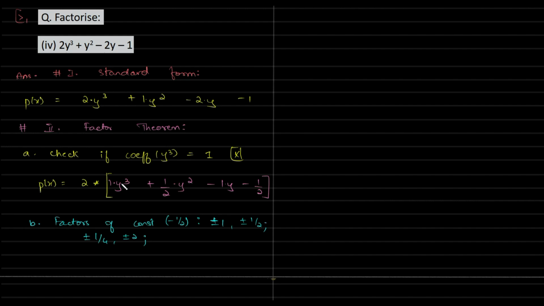So if I take y to be 1, you can clearly see 1 and minus 1, plus 1, plus half and minus half, they will get cancelled. So let's pick y is equal to 1.